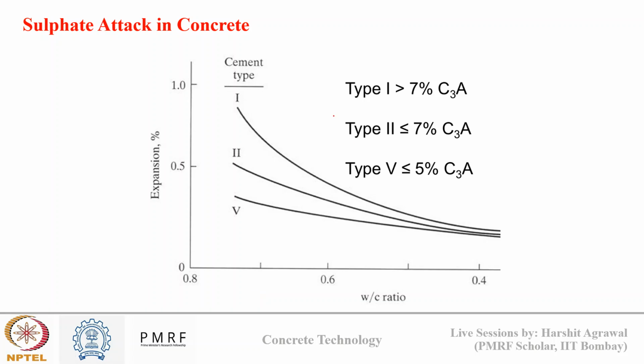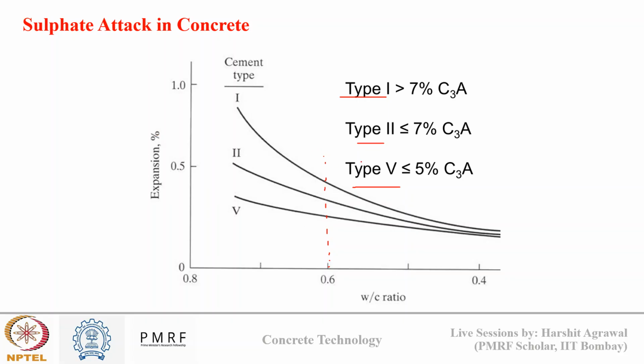So, you see here in the figure, there are three types of cement: type 1, type 2, and type 5. At a particular W by C ratio, suppose 0.6, the swelling effect that we have recently talked about will be directly proportional to the amount of ettringite formation, and that ettringite formation will be dependent upon the presence of sulfate and primarily on the amount of aluminate phases that are there in the cement.